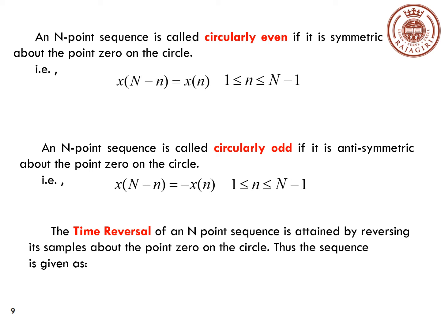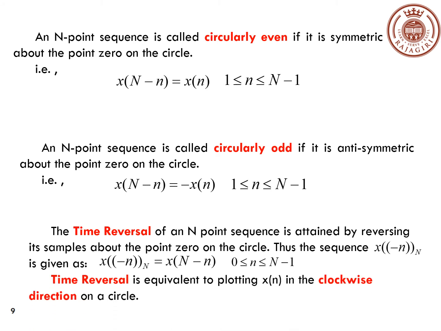Now here, if you wish to time reverse the sequence, that is x of minus n, okay, and that's again a circular time reversal, we are going to denote it on the circle, but in the clockwise direction. So you have 4 points on the circle which are marked in the anti-clockwise direction. Its circular time reversed sequence will be marked on the circle in the clockwise direction.